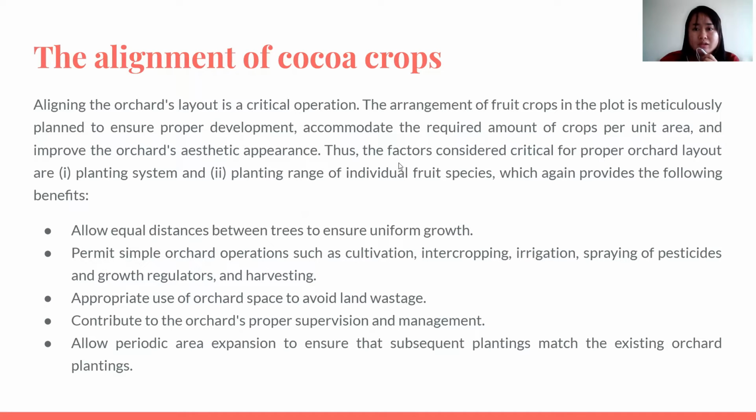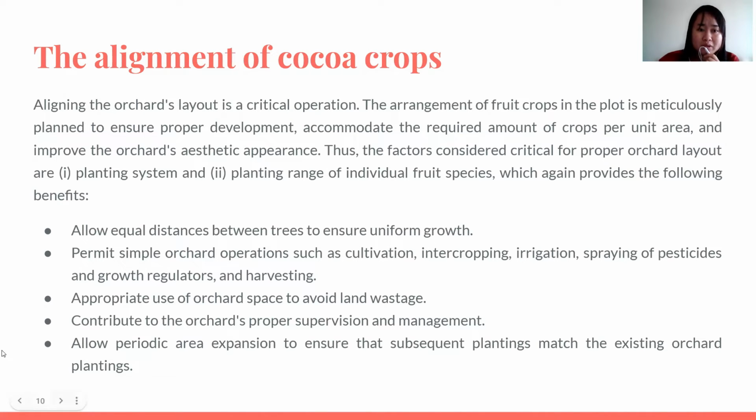The factors considered critical for proper orchard layout are the planting system and planting range of individual fruit species, which provide the following benefits. It allows equal distances between trees to ensure uniform growth, and it also permits simple operations such as cultivation, intercropping, irrigation, spraying of pesticides and growth regulators, and harvesting.